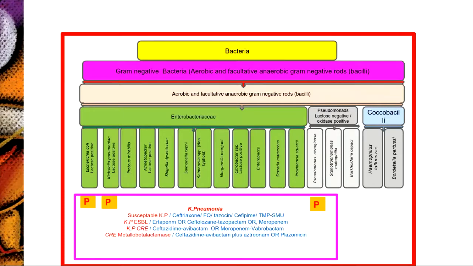The easy Klebsiella pneumoniae you can treat even with ceftriaxone, but if it becomes ESBL, ceftriaxone will not work on it, and the first, second, third generation will not work on ESBL, and even cefepime will not work. In this case, maybe ertapenem and meropenem will work on it. Then at a higher stage of resistance, if it starts to produce KPC, even meropenem will not work on this.